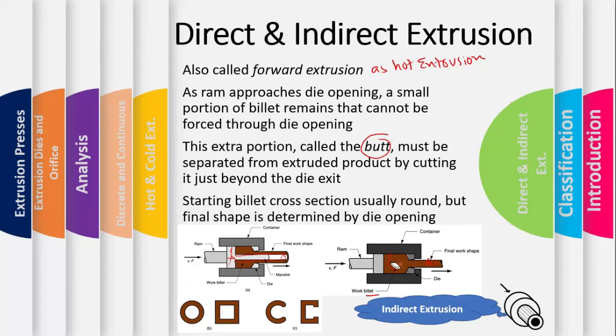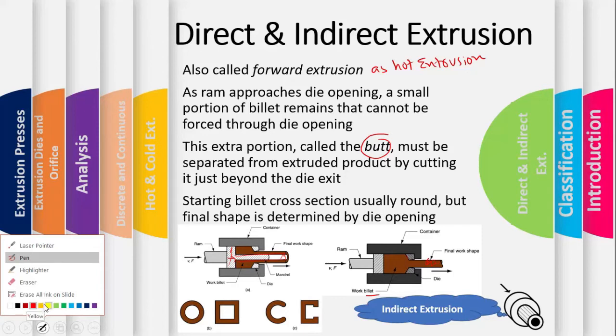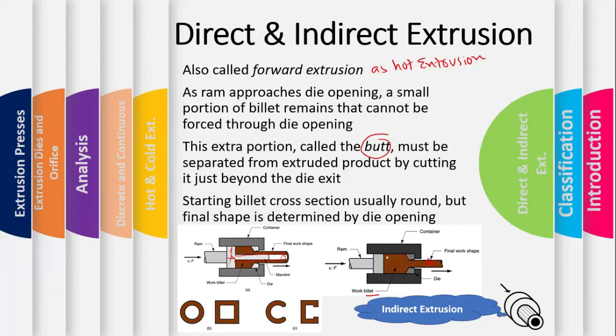So to avoid this, what we do is add a block that is known as a dummy block. We add a block at the ram, ahead of the ram, that is slightly less in diameter compared to the billet. So there is some space left here. This is called the dummy block.